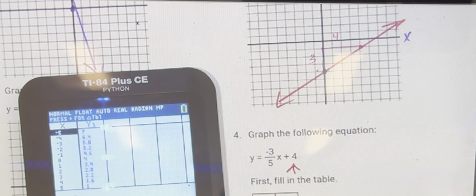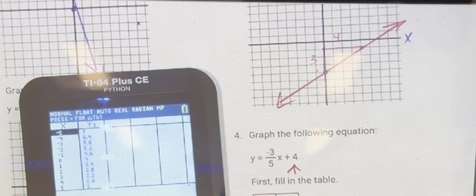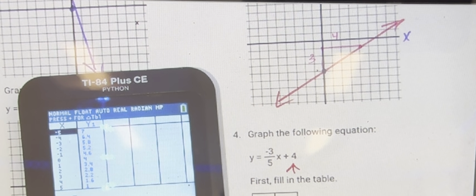So, 0. Does it matter which numbers you put in there? Nope. I wouldn't put a decimal unless your problem has decimals. But those are perfect decimals. They're not continuous. So 0 and 4 and 5, 1, 2, 3, 4, 5, and down to 1.